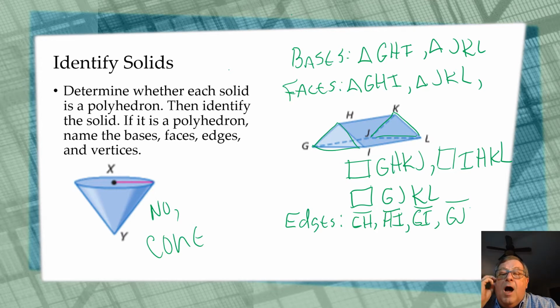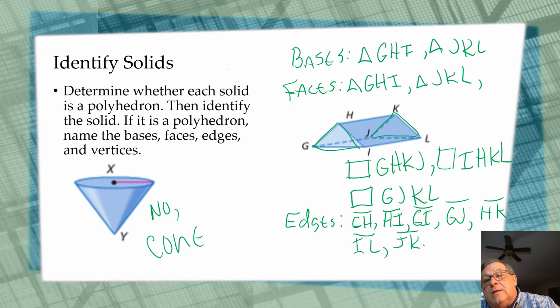And we've got the very top of this, segment HK. Let's do the front first because we've only got to name one of those. Segment IL. Follow along if you will. And then we're back to the back triangle, which is segment JK, segment KL, and lastly, segment JL.